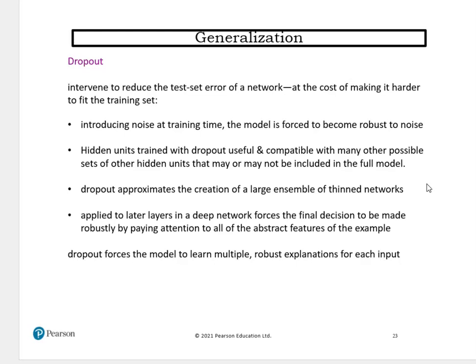This causes the model to generalize well, but also makes it more difficult to fit the training set. It's usually required to use a larger model and to train it for more iterations.